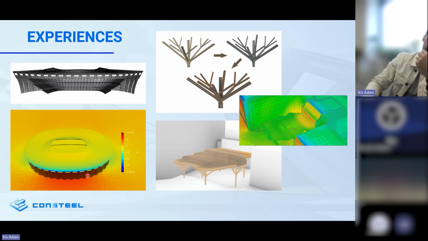Therefore, for example, if we have this type of landmark structure, a stadium, which, if you see this section, I tried to enclose below the stands, so the building is actually closed, it is wrapped.